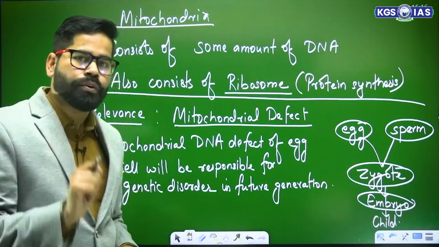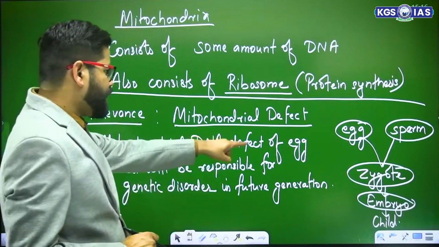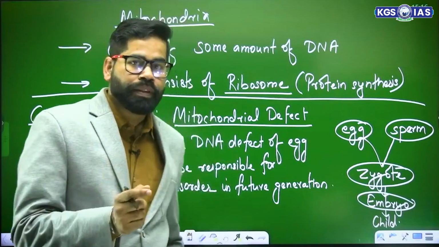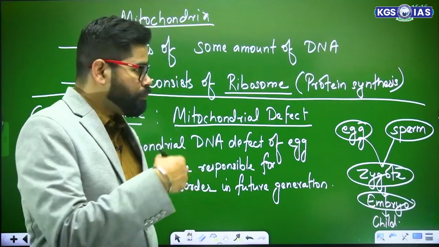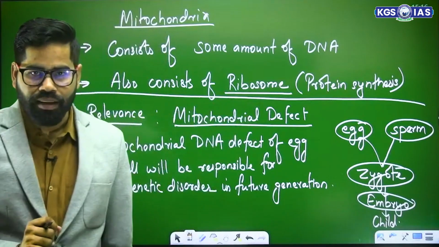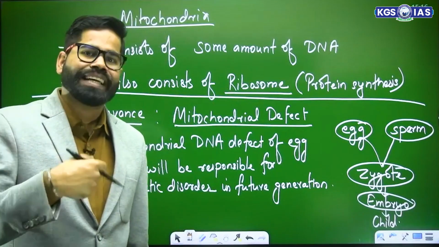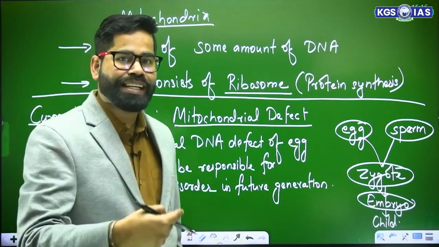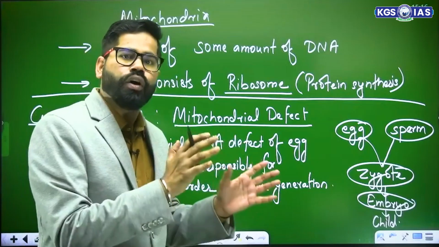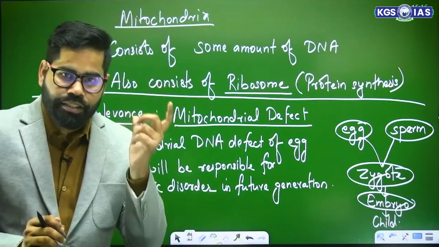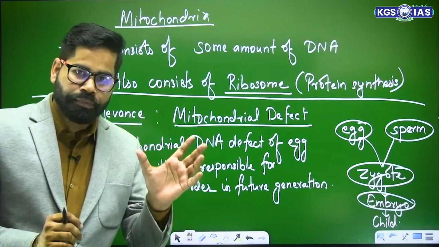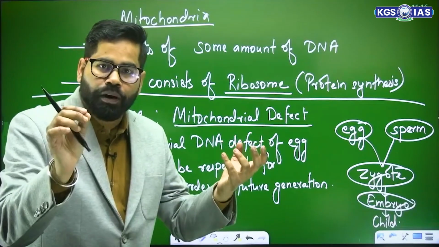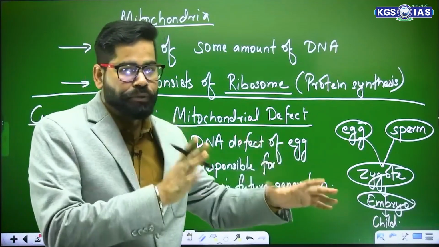Now you may have a question in your mind that why I have written only the egg cell, why not the sperm cell? See, even if there is a defect in the mitochondria of the sperm cell, it will get destroyed, because from the sperm only the nucleus is getting transferred, rest all other part of the sperm gets destroyed. During the reproduction process only the egg cell is there, and from the sperm cell there is transfer of only nucleus.